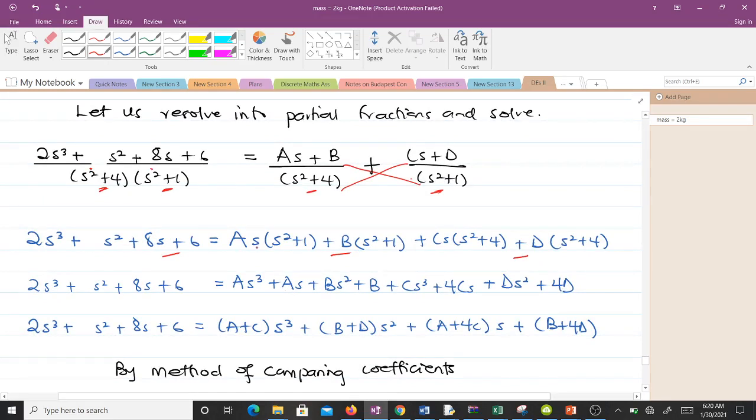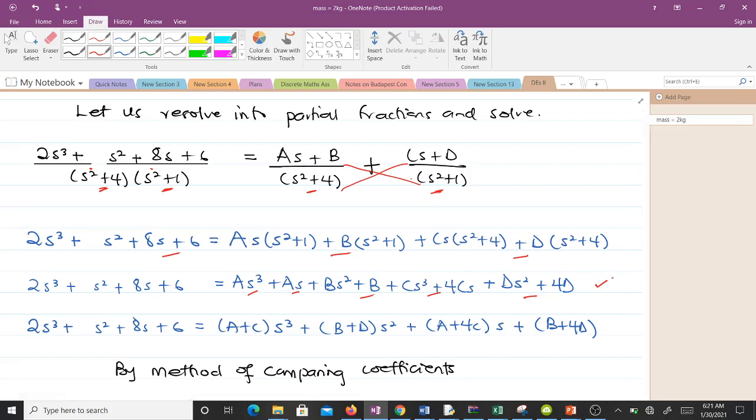As times s squared is this, As times 1 is this, so this and this is this. So we just go through. It's very simple. Then after we are done, to get this, we try to group them.